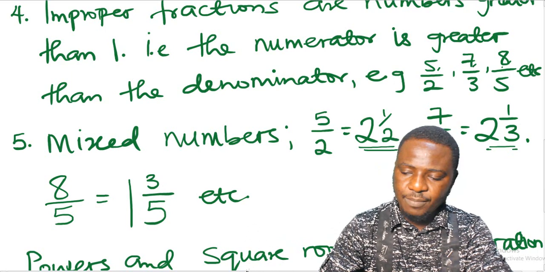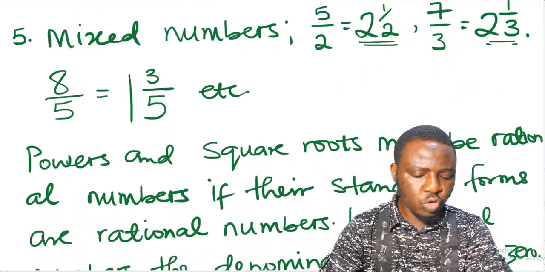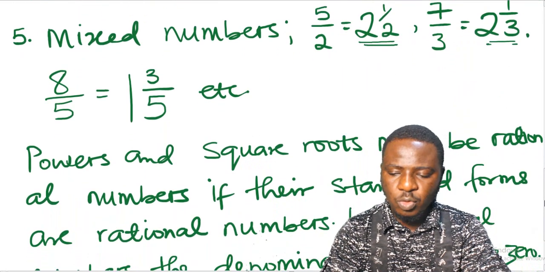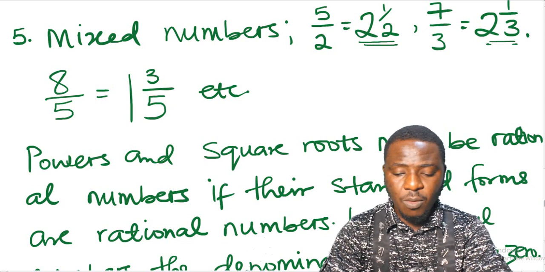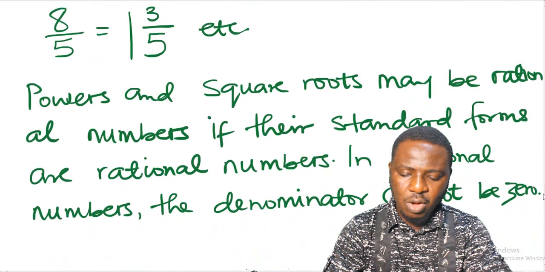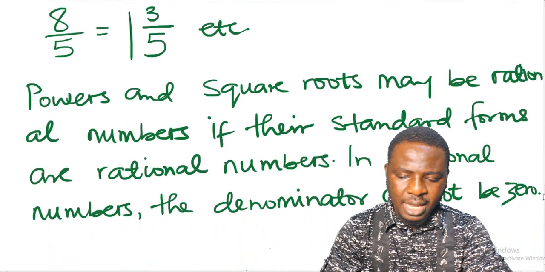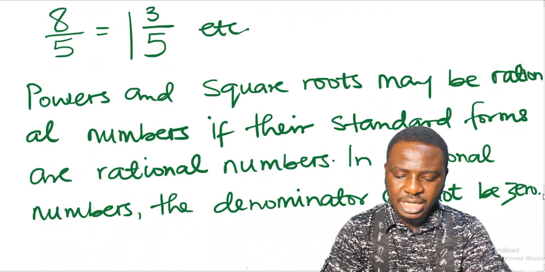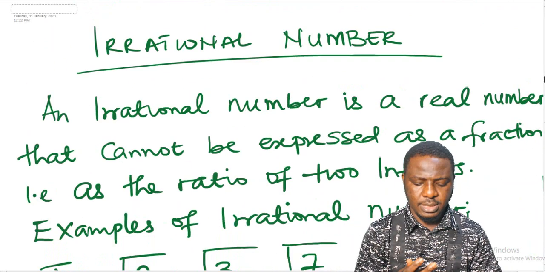All these are examples of rational numbers. Also, powers and square roots may be rational numbers if their standard forms are rational numbers. We shall see more examples on that. And in rational numbers, the denominator cannot be 0. That I have already explained.